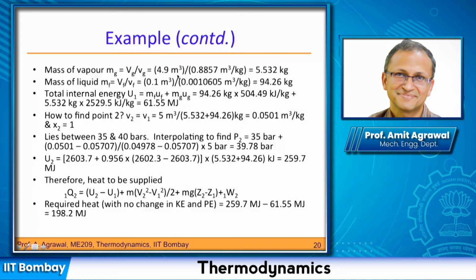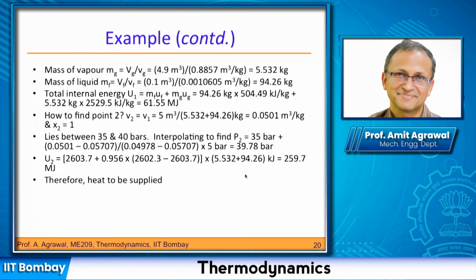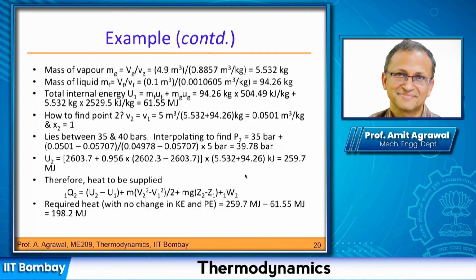You can see that the units have been put everywhere. So the units also cancel out as we go along, or they get carried forward. The point is that you have to be careful and try to do things carefully enough so that the entire working is very clear, with the help of figures, etc., and very clearly stating how you are moving from one point to another. So any questions here?